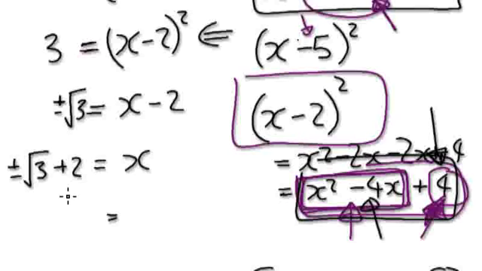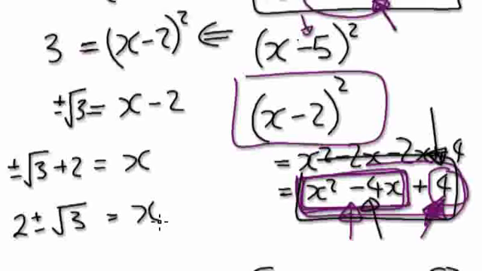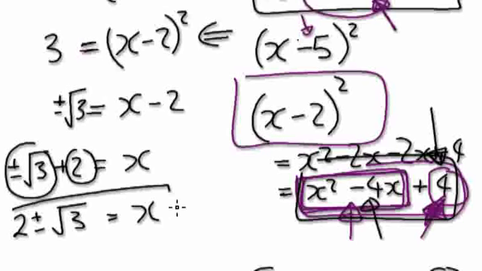I don't know why I'm doing this, but just follow it through. I'm just going to switch these 2 around, so it's 2 plus or minus root 3. Just do it for the time being. So the solution x is 2 plus or minus root 3.